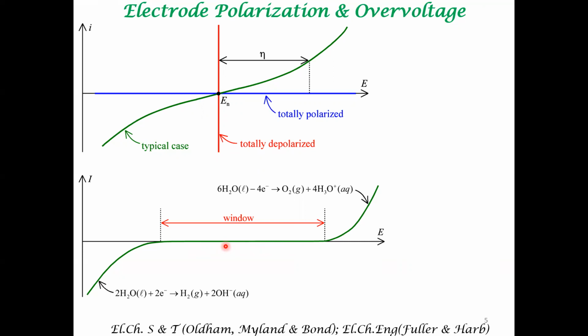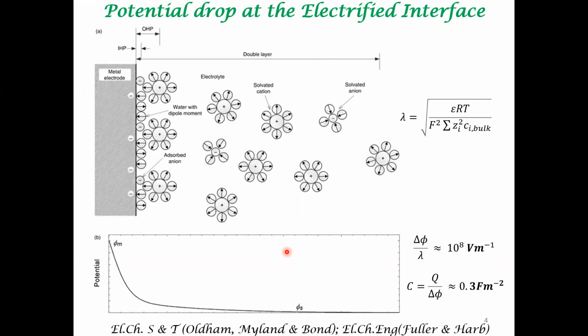Whenever you refer to a Faraday current, we are talking about a current that is because of electron transfer across the electrode-electrolyte interface. In this region, there is no Faraday current and there is no non-Faraday current also. Non-Faraday current is a capacitive current, right? So Q is equal to CV.